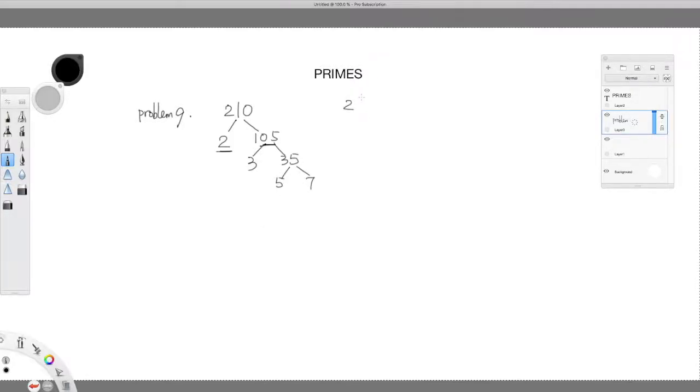So you collect everything on the leaves of the tree. Mathematicians come up with very interesting terminology, and this is called the leaves of the tree. 210 equals the product of all those leaves: 2 times 3 times 5 times 7, and you can verify this is correct.